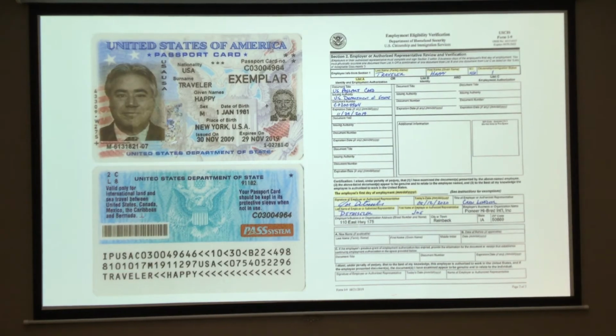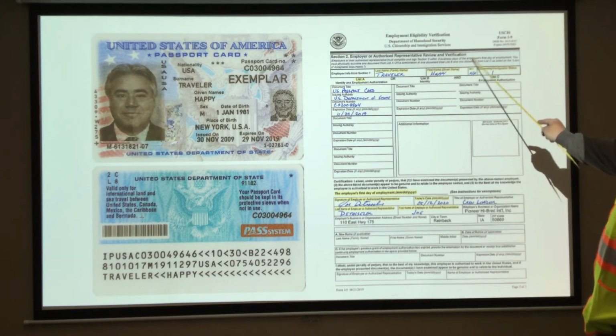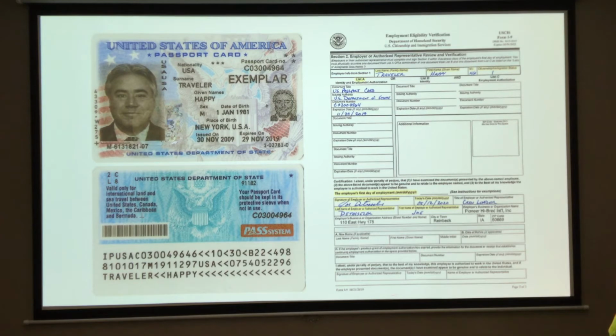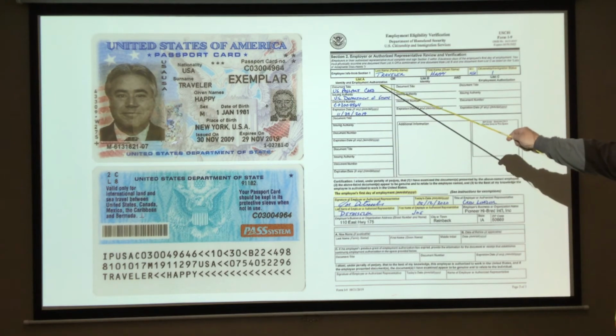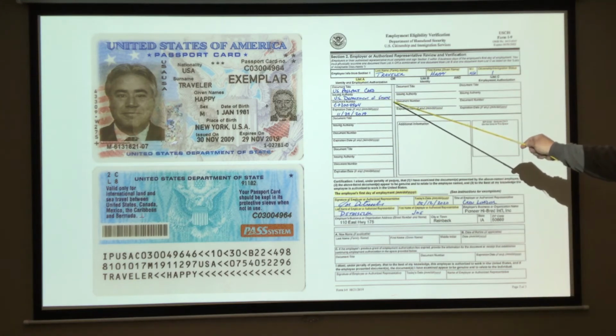Next List A document you may have come across is a United States passport card. Okay, very similar to the passport. Again, you're going to go with their name. Again, last name, first name, middle initial, citizenship status, which you'll find on the first side on Section 1. Then you're going to list out U.S. passport card. Okay. Again, issuing authority, still U.S. Department of State.